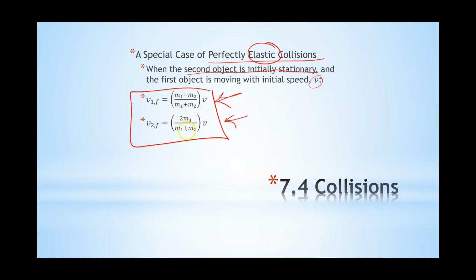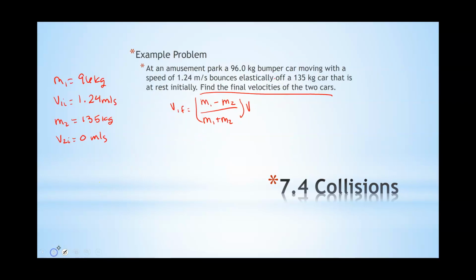And then it's 2m1 divided by that sum. All right, so we have all this information. We have our mass, we have our velocity. We can go ahead and plug and chug.